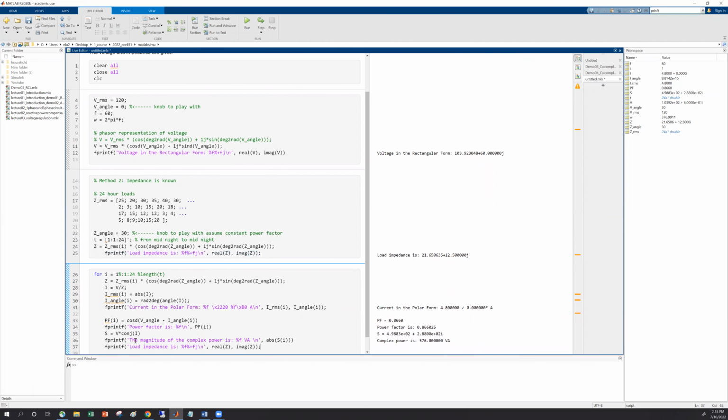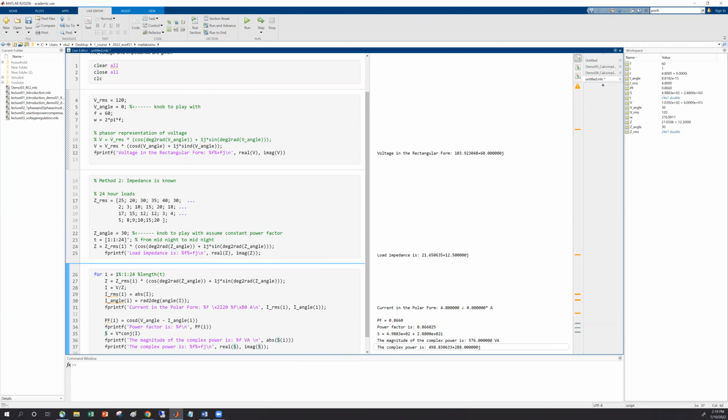If you want to plot out the complex power as a complex number, then you can say, this is the real part of S, and then the imaginary part of S. Okay, so you can see the difference here. Now you can see the complex power is in this real part and reactive part. Or you can just print out the magnitude, which is the ABS value of that.